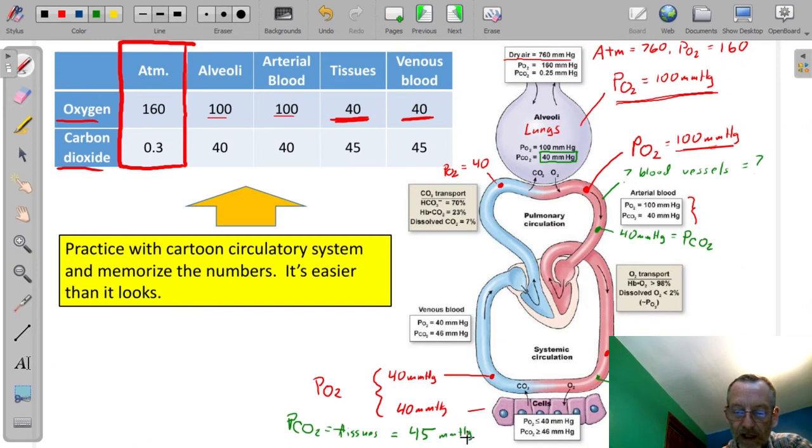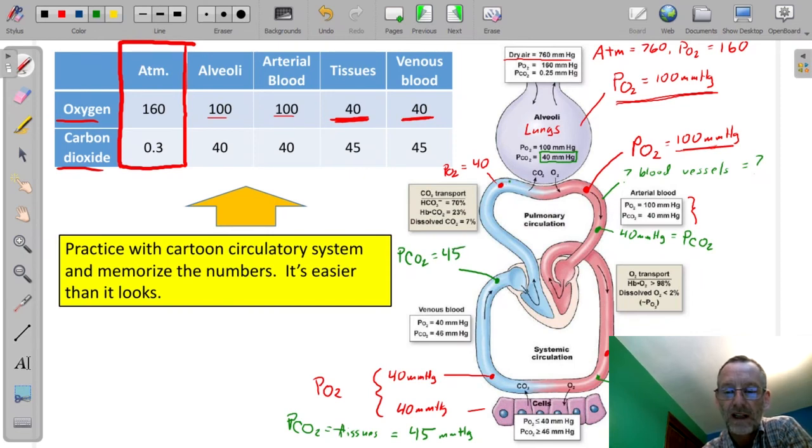I made up the table, I didn't match it to what's in the figure, and different figures show slightly different amounts. Close enough. No change in the partial pressure until we get back to the lungs. So the partial pressure of CO2 here is 45.